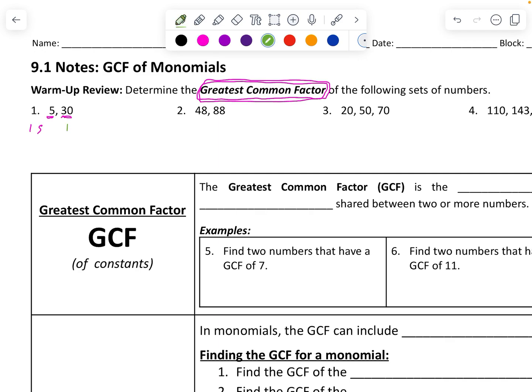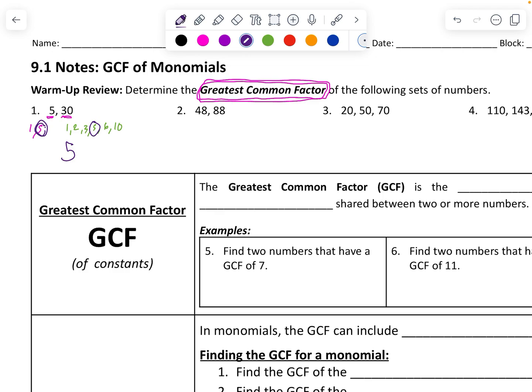I'm not going to do this every time, don't worry. 30 goes 1, 2, 3, 5, 6, 10, and so the pink ones are all the factors of 5, the green ones are all the factors of 30, and the greatest one that they both have in common is, of course, the 5. So they need to have it in common, and what's the biggest one they all have in common? If they have nothing in common, then it's going to revert back to 1, but 5 is the answer for the first one.